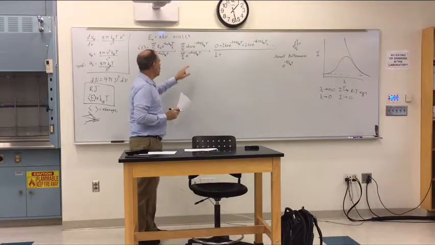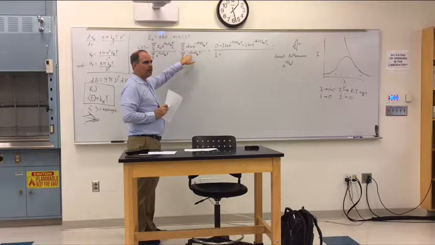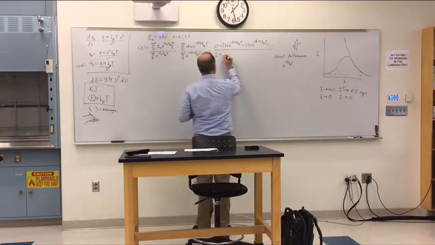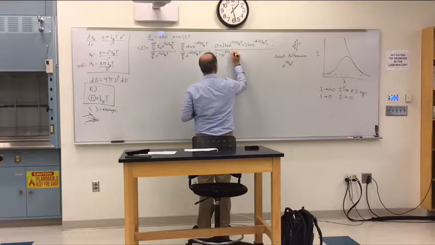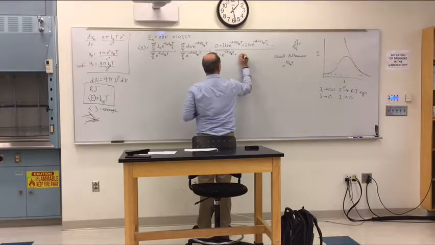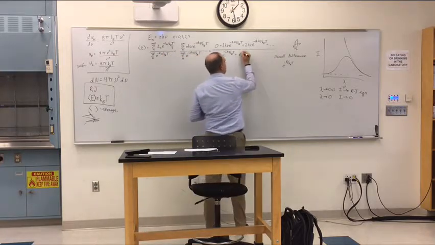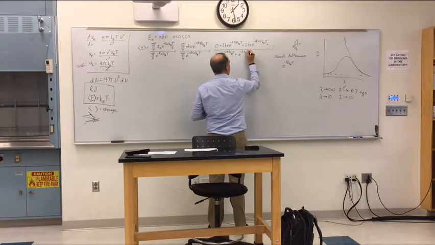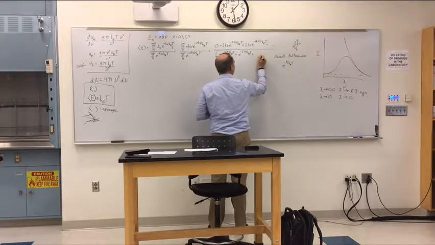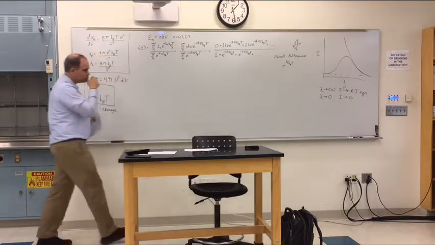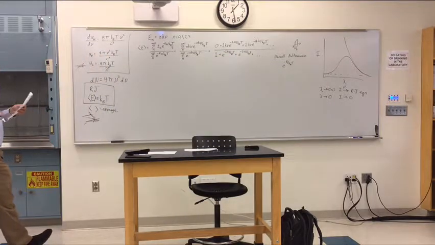Plus, if we now plug a 1 in for n, this would be e to the minus 1 h nu divided by kBT, plus, and if we plug in a 2 for n, this would be e to the minus 2 h nu divided by kBT, plus dot, dot, dot. You guys good with that so far? Yeah? Okay.